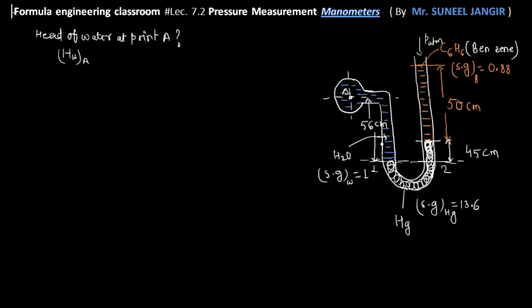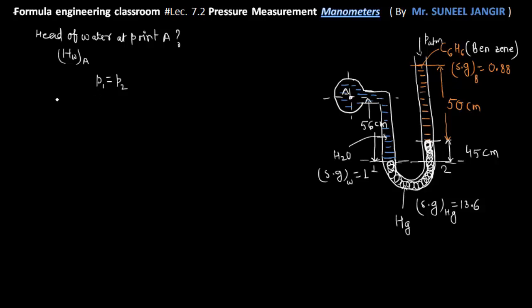That's why there is a balancing here. Okay, this is an equilibrium state. So we can write that pressure at the point 1, P1, will be equal to pressure at the point 2, P2.